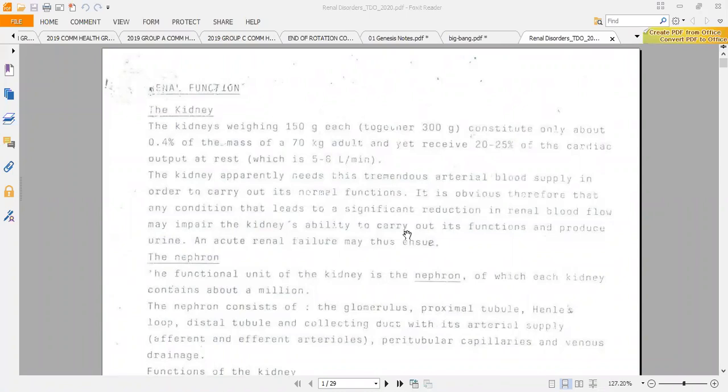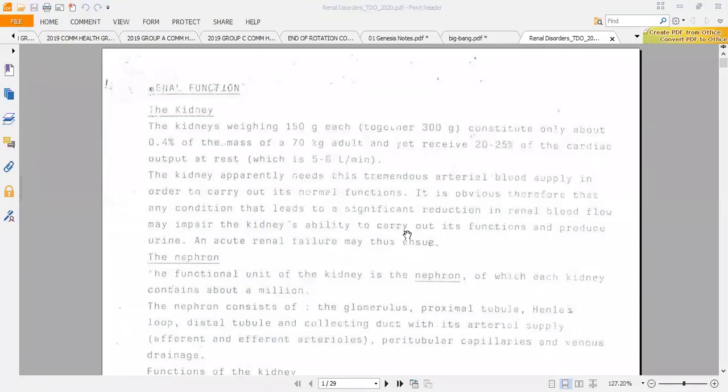So let's assume proteins have been filtered, the proximal convoluted tubule will reabsorb those amino acids. It will reabsorb glucose, sodium, bicarbonate and other electrolytes. So that's the main function of the proximal convoluted tubule.